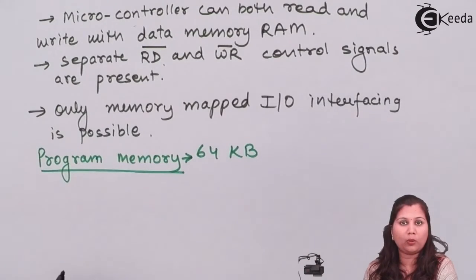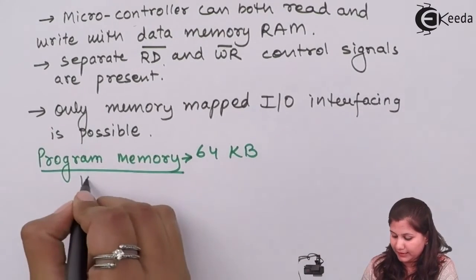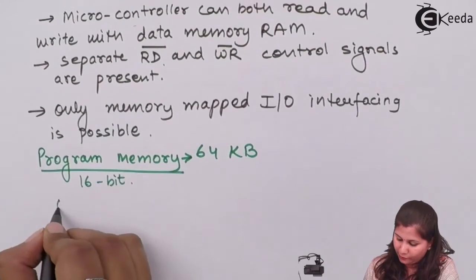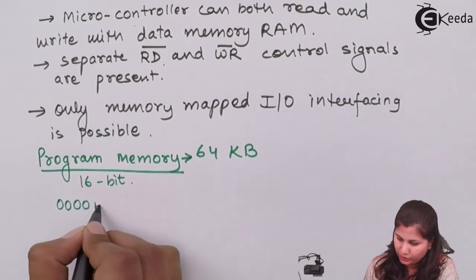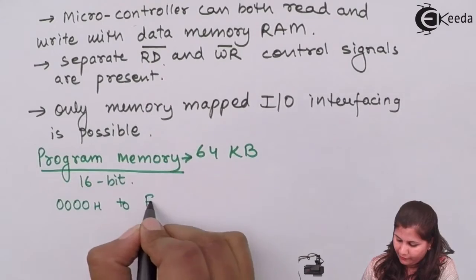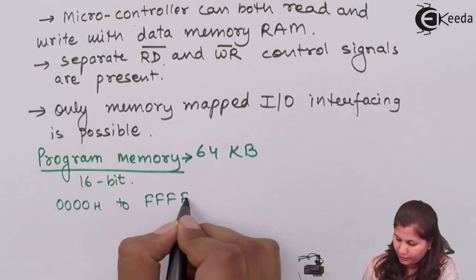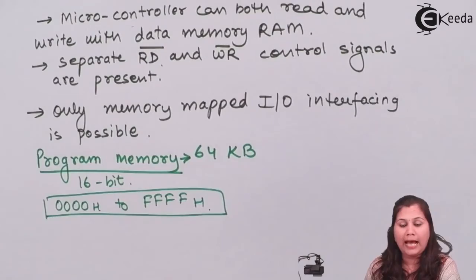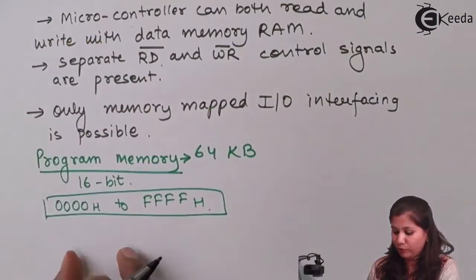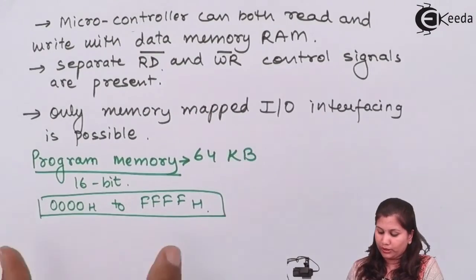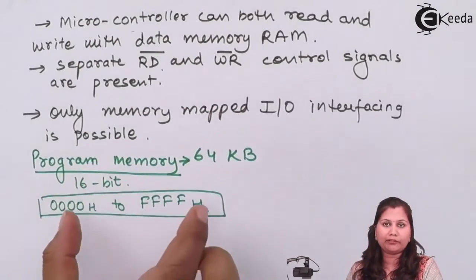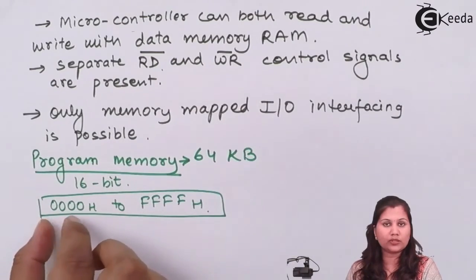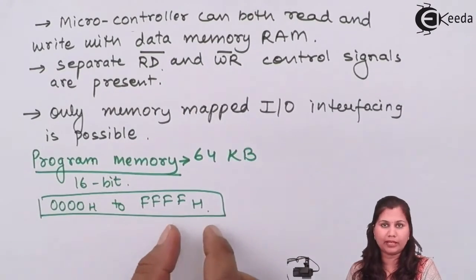The addresses will be 16-bit addresses, and these will start from 0000H to FFFFH. We have already studied that if we want to address this complete 64 kilobytes of memory, we have the address range from 0000 to FFFFH.